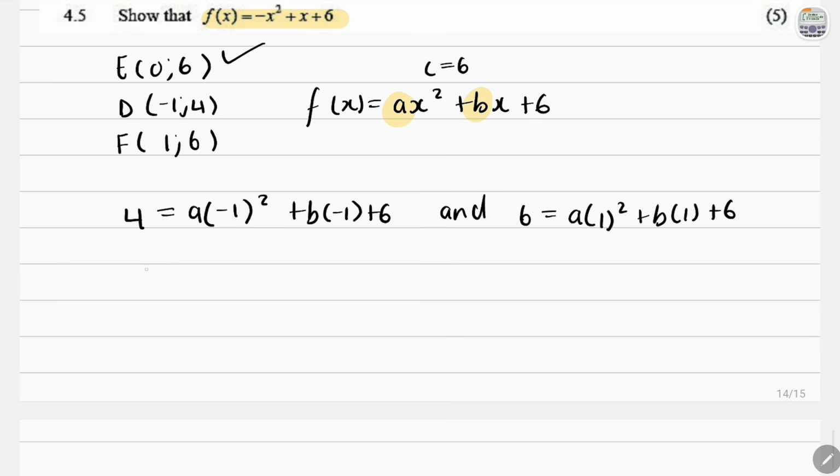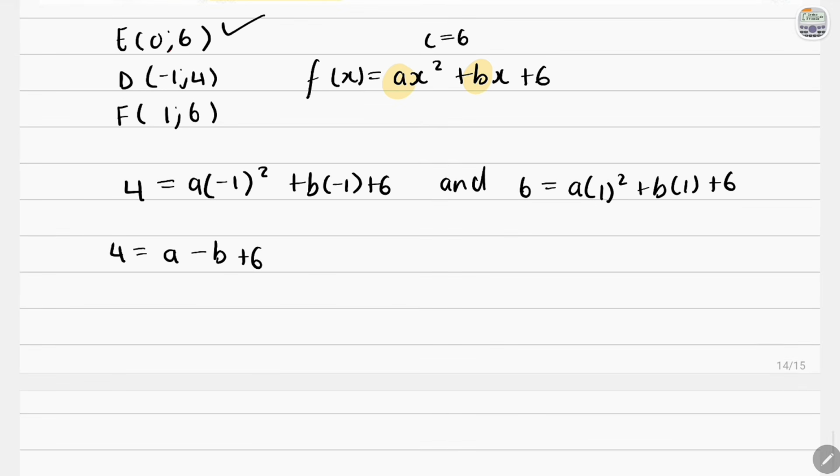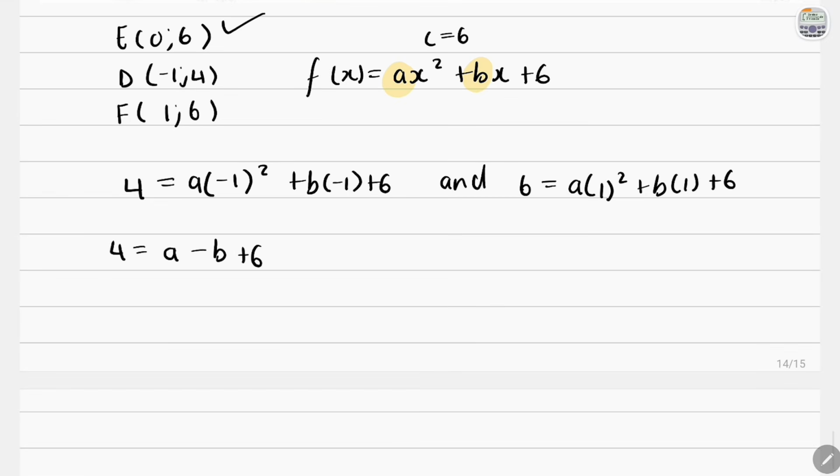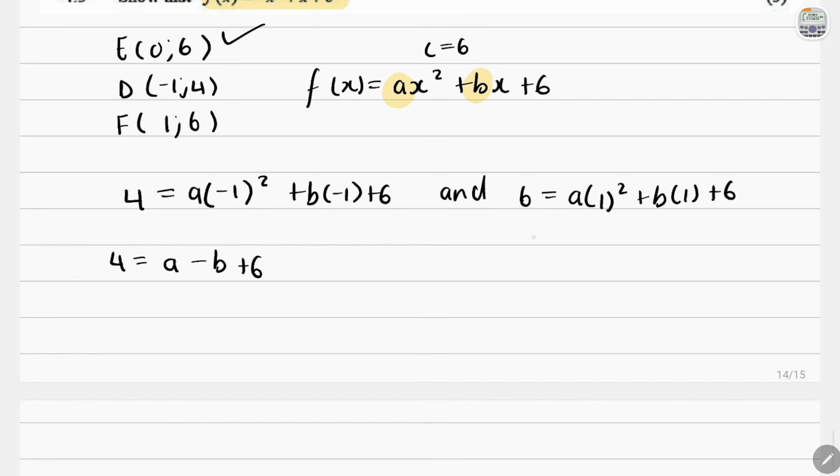Okay, so this would become 4 is equal to -1 squared is 1 times a is still a, and then this becomes minus b, and this is plus 6. We can transpose that, we can just make something the subject. I can see that it's better to work with both of them, so you just see what you can make the subject here.